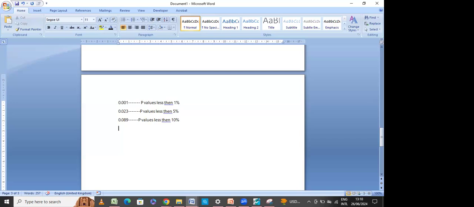Now, please focus on my words so you will understand. Whether we are using Stata, R, or EVIEWS, all kinds of those software show us p-values, probability values, in built-in form.